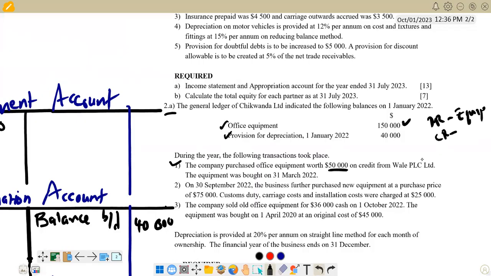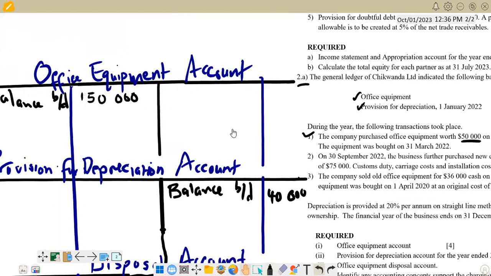If it's cash, credit the cash. In this case, we are told that it's Wale PLC Limited, so we are going to credit Wale, because it's a credit purchase. But we are only interested in the debit part, of course. The equipment is the one that is being asked for. So we are going to go to the debit side of the equipment account and input that.